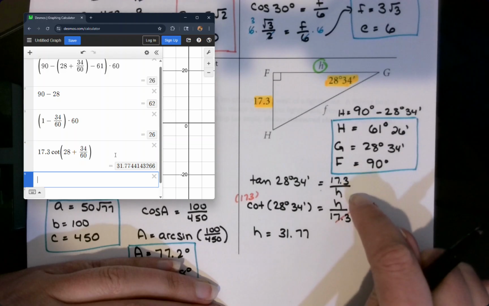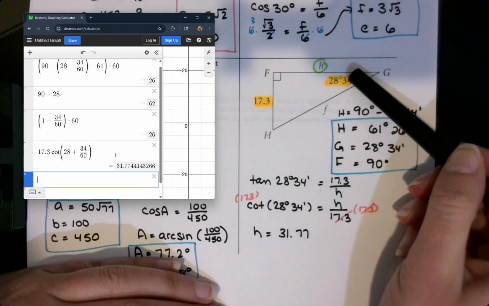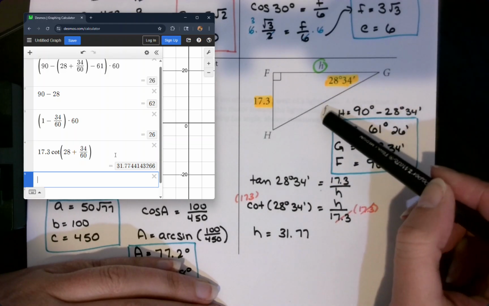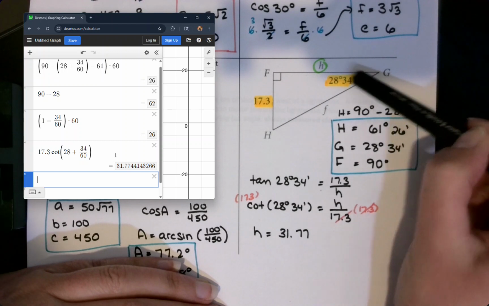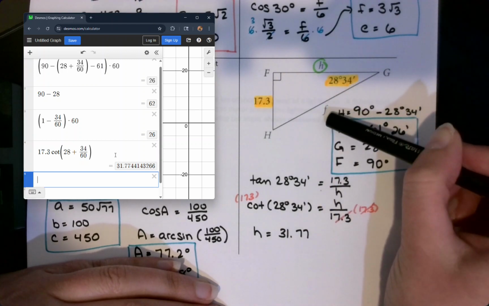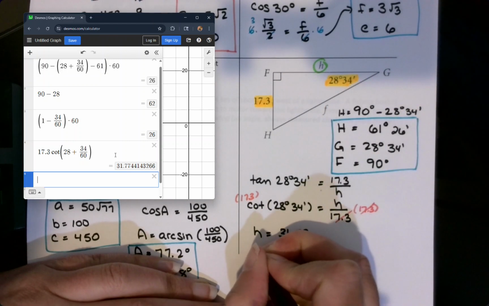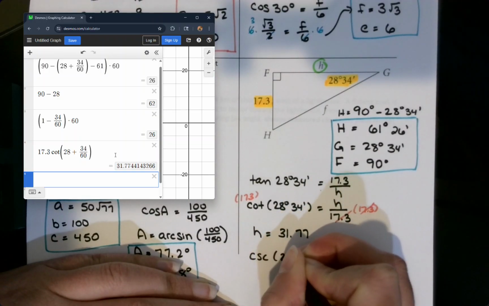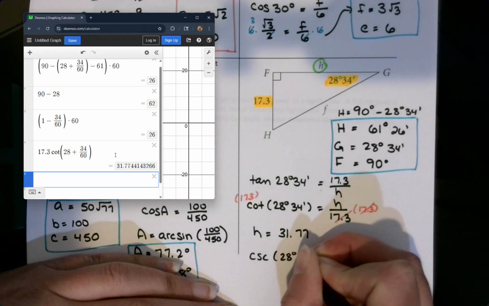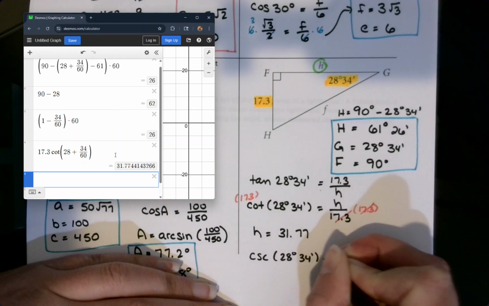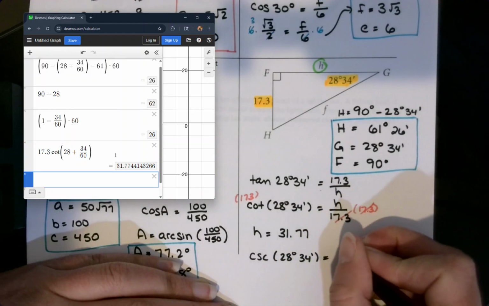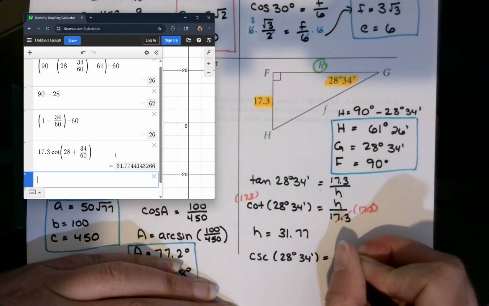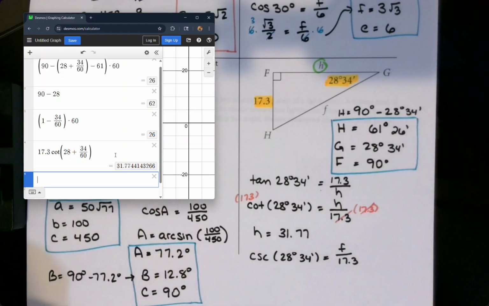Similarly, with this conversation about tangent, I want this to end up with the F on top. So instead of a sine, which is opposite over hypotenuse, let's go ahead and use a cosecant of 28 degrees, 34 minutes. That's the reciprocal of sine, so that would have the hypotenuse on top and the opposite on bottom.